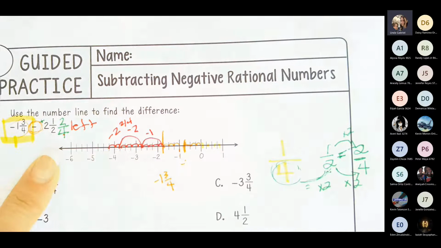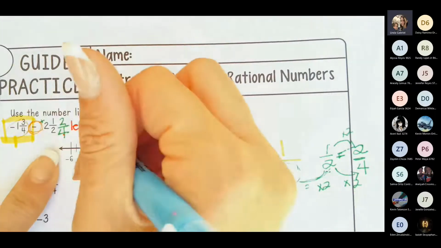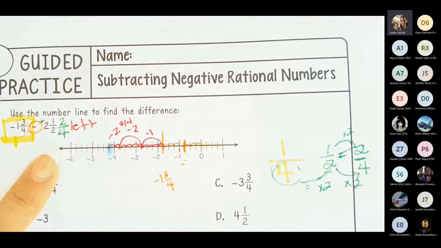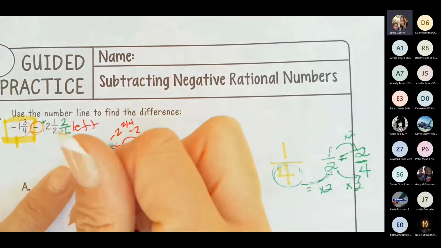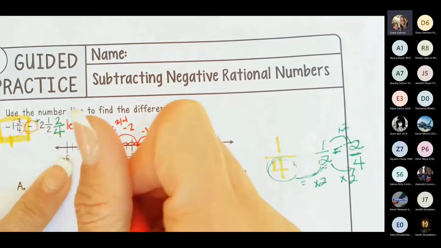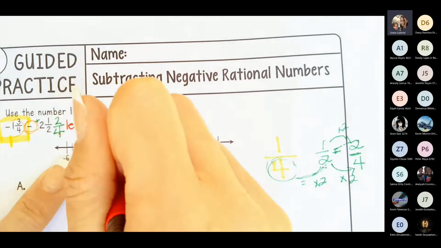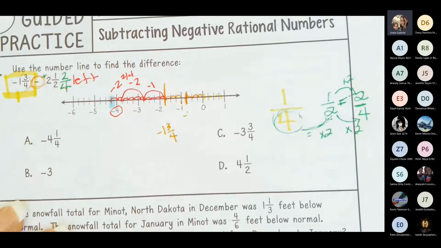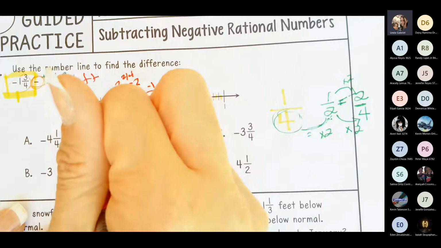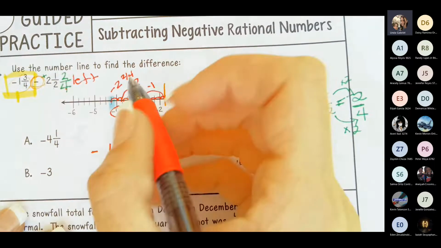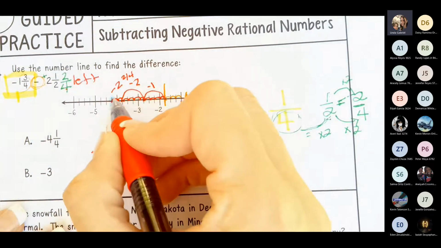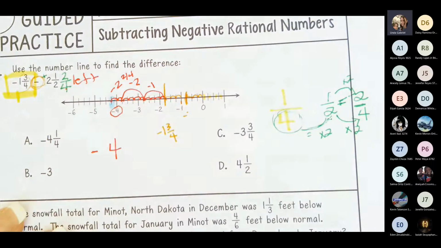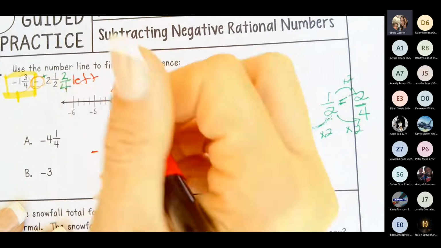And now I need to read the number line here. So I am in between -4 and -5. I have more than -4 but less than -5. So I know my whole number value so far is going to be -4. Right? And on my number line, I am one little line over from -4, so I need to add on that quarter.